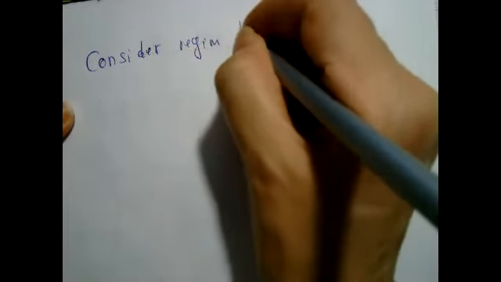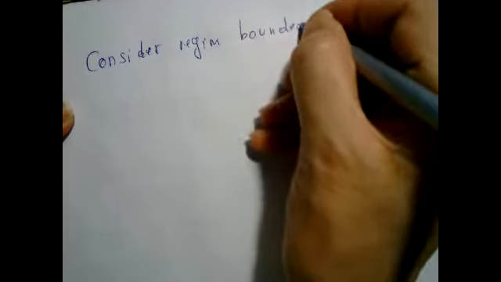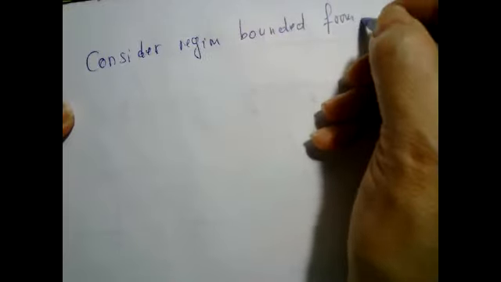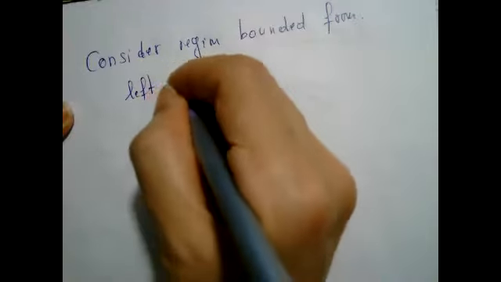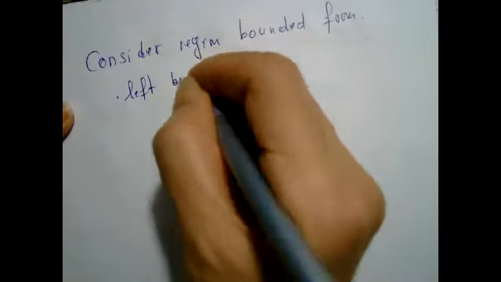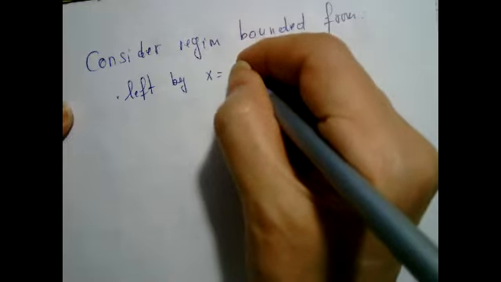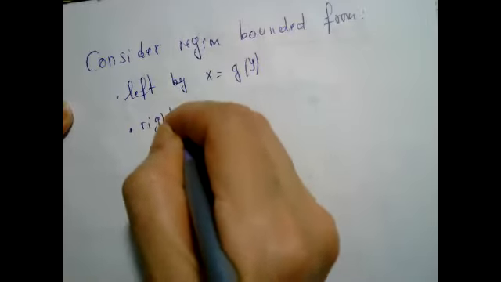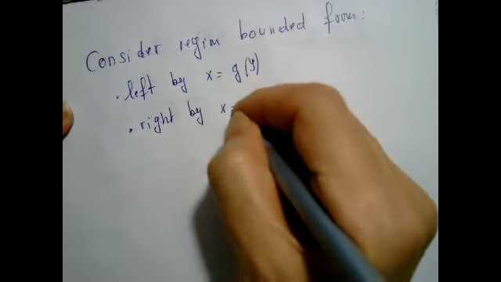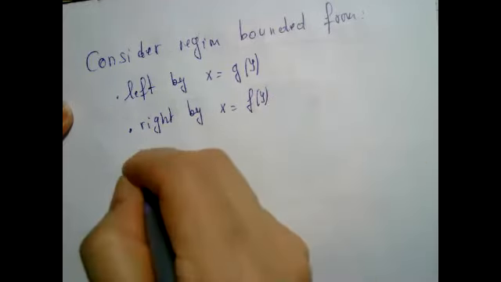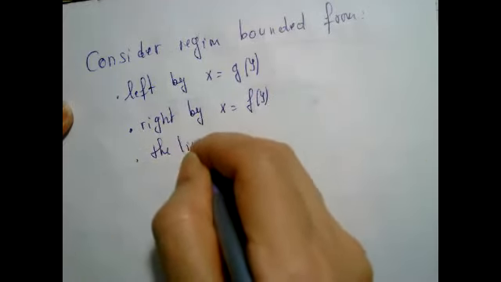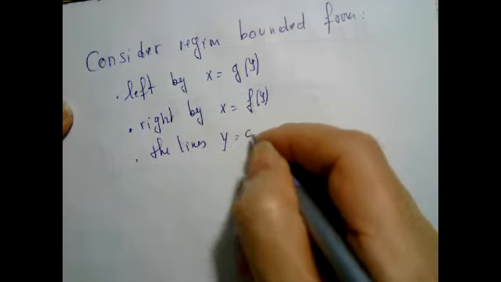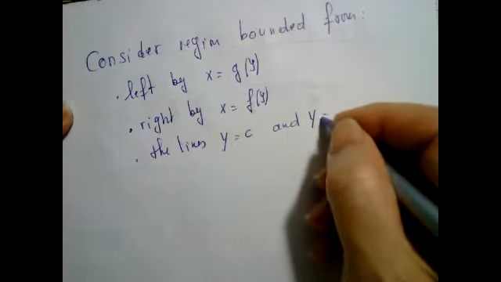Consider the region bounded from the left by x equal g of y, from the right by x equal f of y, and the lines y equal to c and y equal to d.